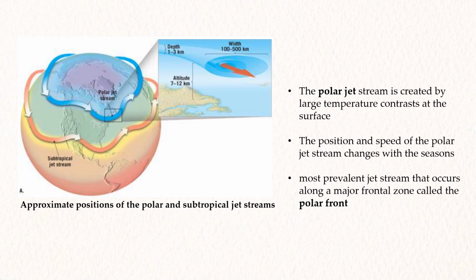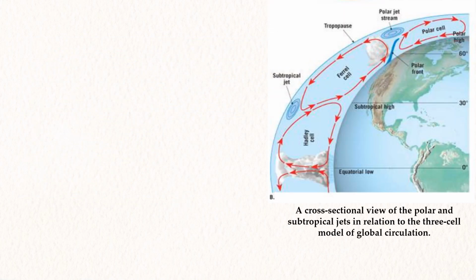And aside from the polar jet stream, we have the subtropical jet stream. This is a cross-sectional view of the polar and subtropical jets in relation to the three-cell model of global circulation.